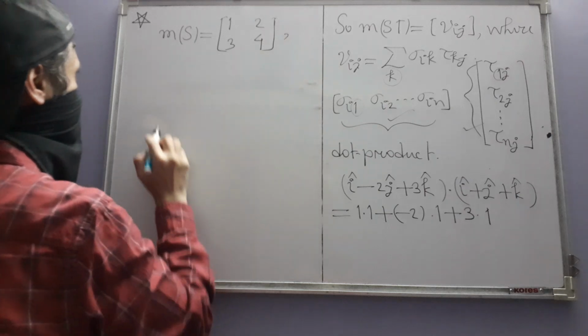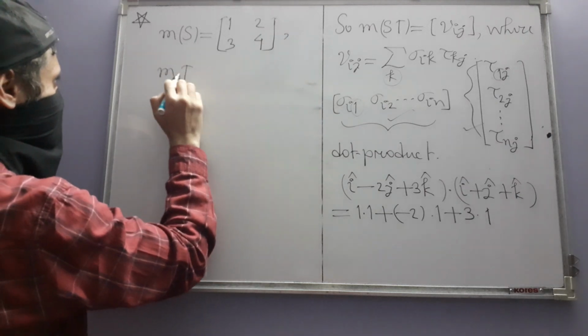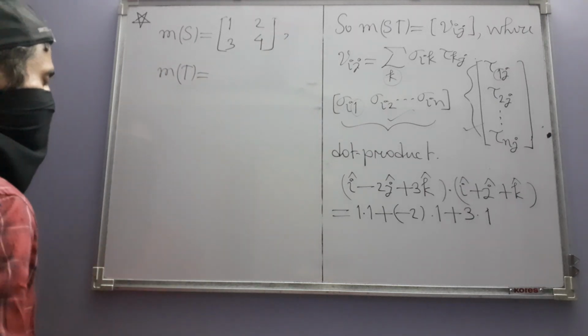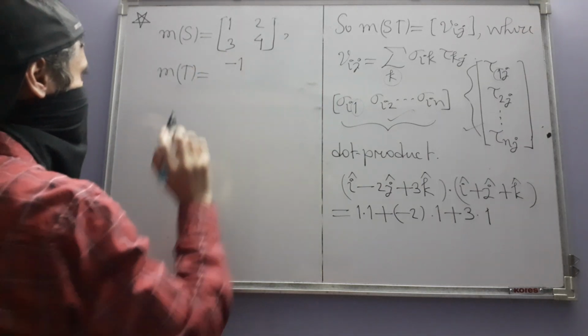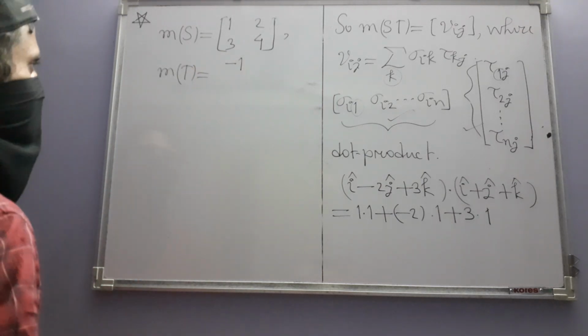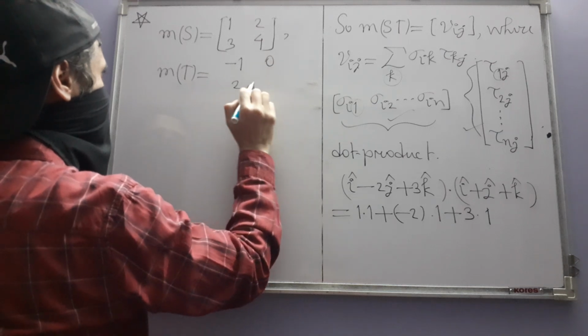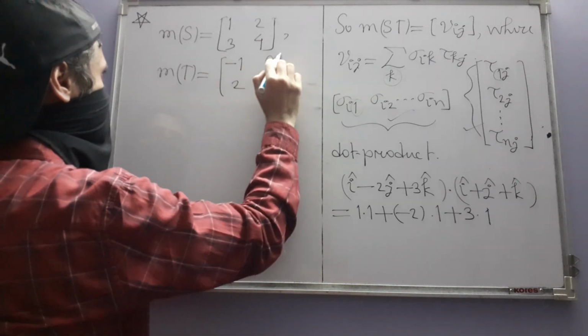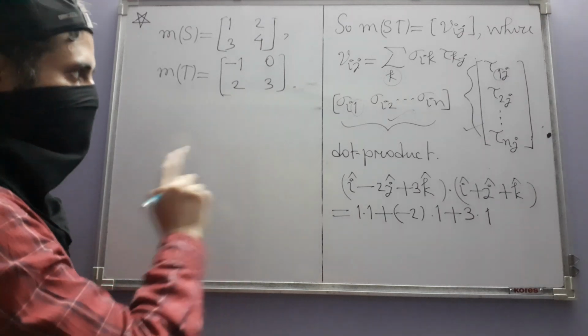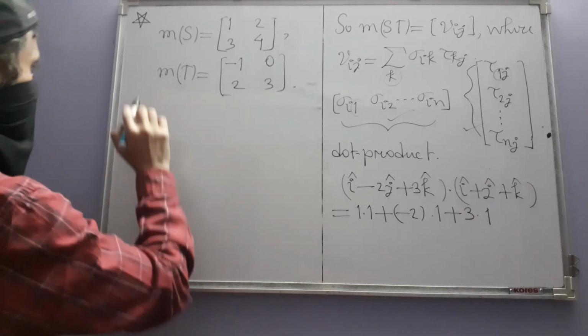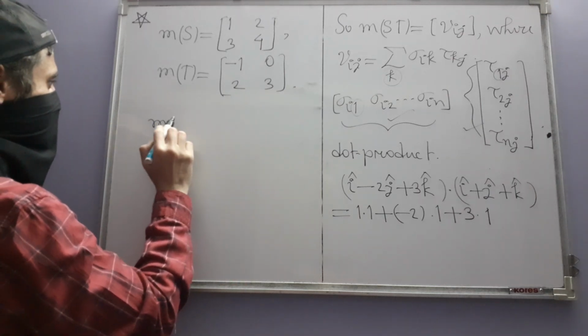And say MT, I mean, these are things the author has considered in the book, is -1, 0, 2, 3. So according to this rule, what will be MST?